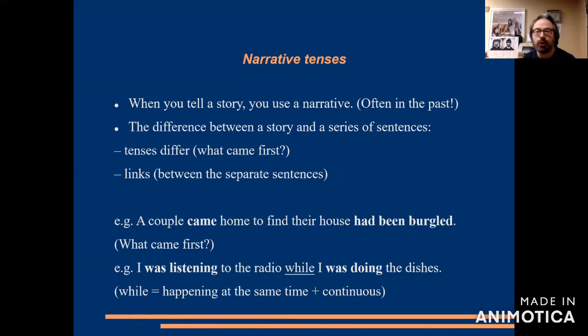So when you tell a story, you tell a narrative, you use narratives. And the difference between a story and a series of sentences is that your tenses will differ. This will make you understand what is going on as a listener. Do you sometimes get that feeling when you're watching a series and the people who made the series are trying to make you guess what's going on, and they do that by not telling you vital things from the plot?